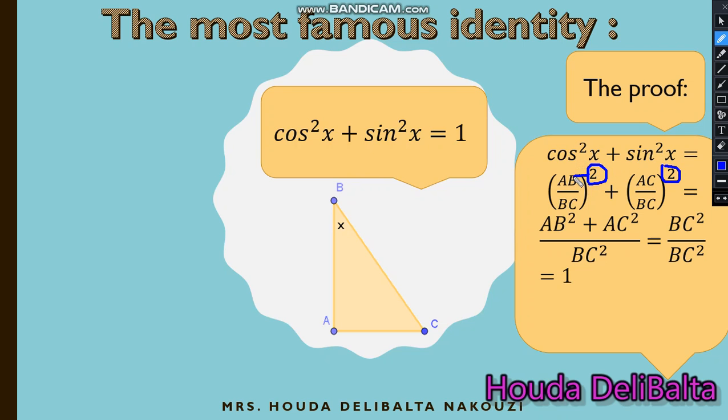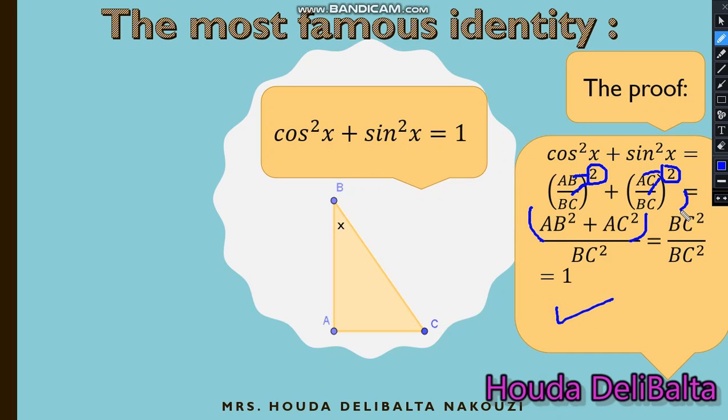Then because you have a fraction, you can introduce the power like this and like this. Then definitely you're going to get AB squared over BC squared plus AC squared over BC squared. Now putting them on the same denominator, because the denominator is the same, you will get AB squared plus AC squared, which is BC squared, over BC squared, which is 1.